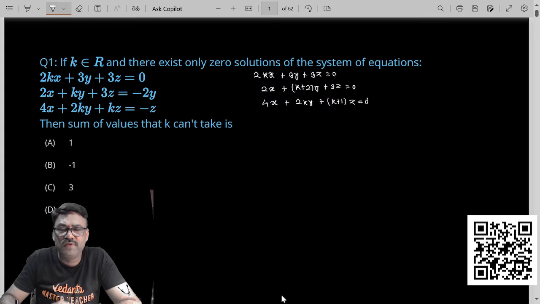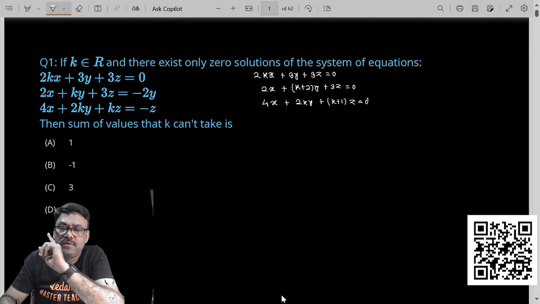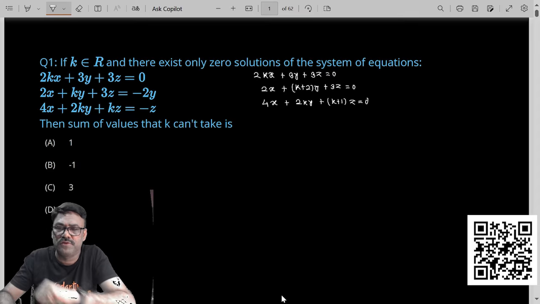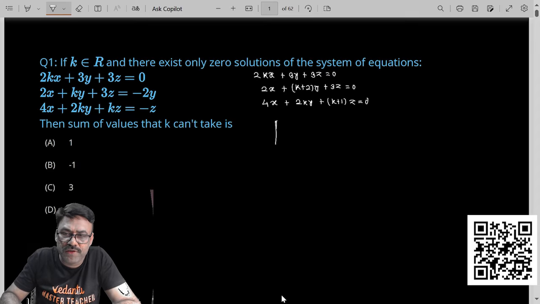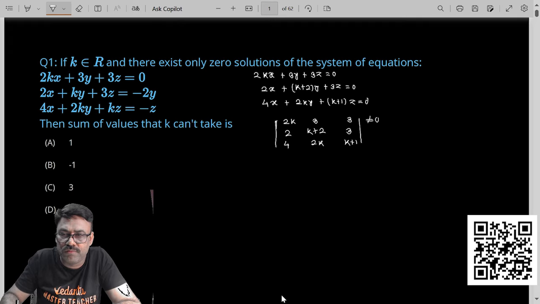Now, as the question says, this system has only the trivial solution 0, 0, 0, only one solution. So if I form a determinant using the coefficients 2k, 3, 3, 2, k plus 2, 3, 4, 2k, k plus 1, the system has a unique solution, which means this determinant should not be 0, right?